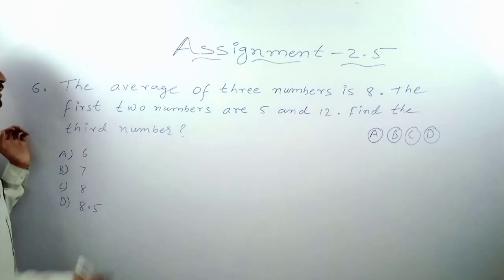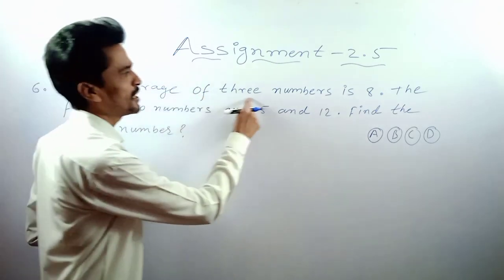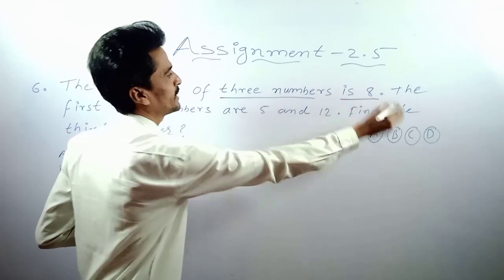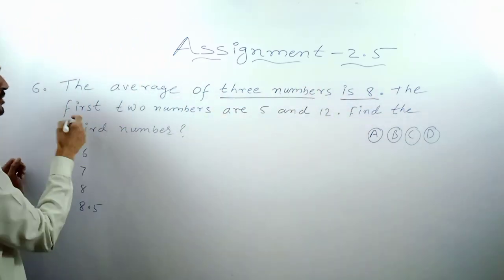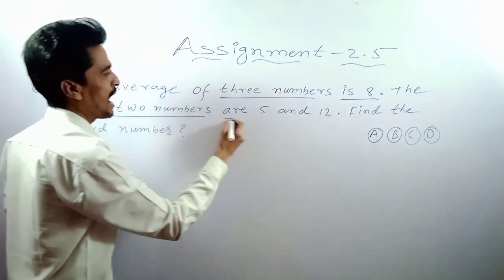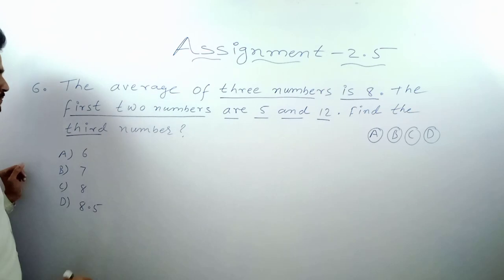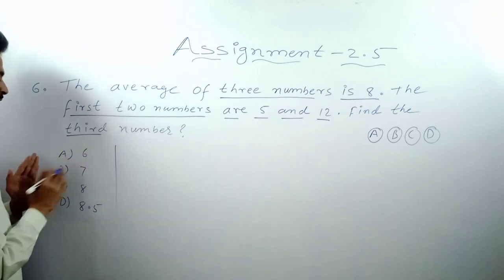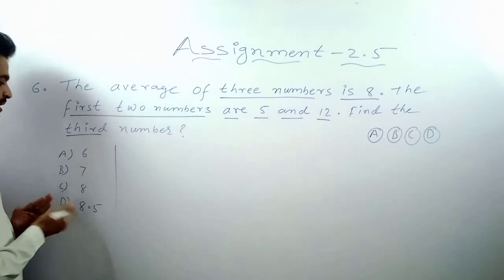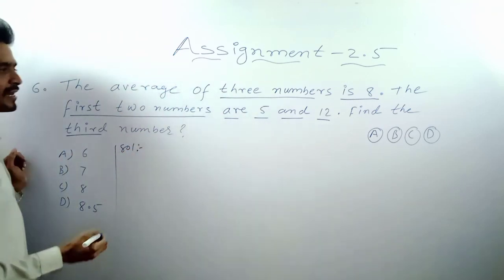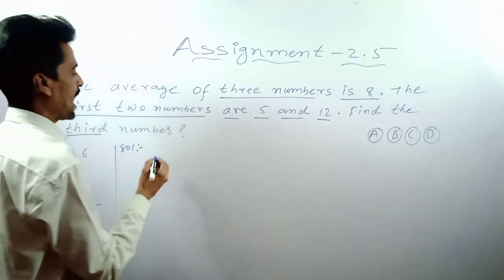Sixth problem is here. The average of 3 numbers is 8. The first 2 numbers are 5 and 12. Find the third number. Option A 6, B 7, C 8 and D 8.5. Solution like this. First of all, we will write here the given average.